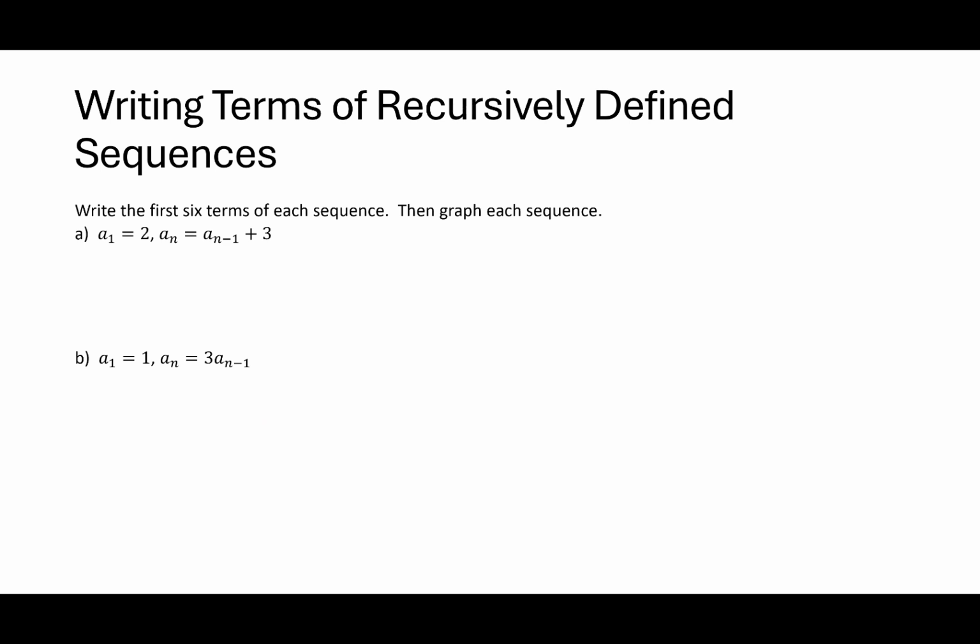All right, so let's see this in action. We're going to write the first 6 terms of each sequence, and we're going to do this based off of the recursive function that they've given us. And then we'll go ahead and graph what is happening there. So let's start with this one. We know that the first term is 2. Okay, great. So my first term is 2.